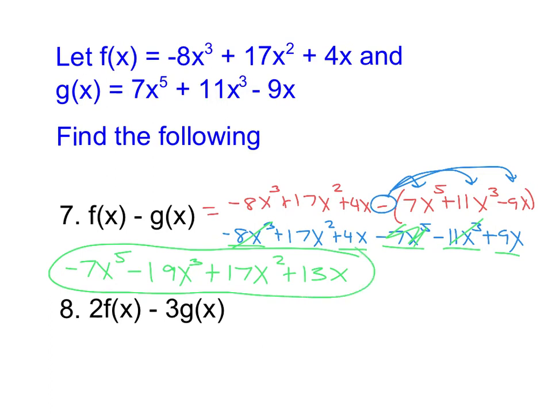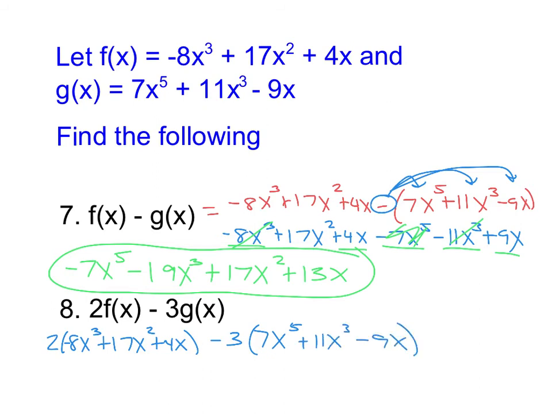All right, and then number 8. So again, we're going to multiply, right? So 2 times negative 8x cubed plus 17x squared plus 4x minus 3 times 7x to the 5th plus 11x cubed minus 9x.